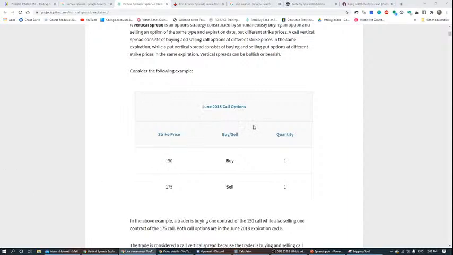So we buy a June 2000. Actually, let's do this. It's now September, so I'm gonna say we're buying an October 2020 call spread. You buy the 150. You buy one. You always want to go small.